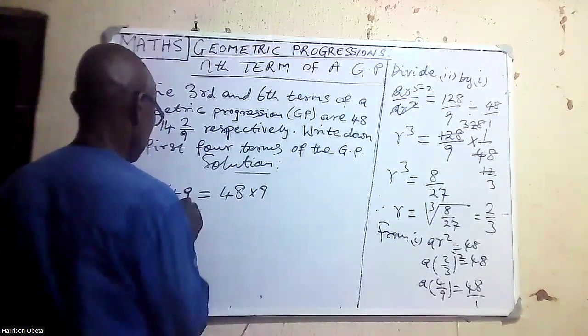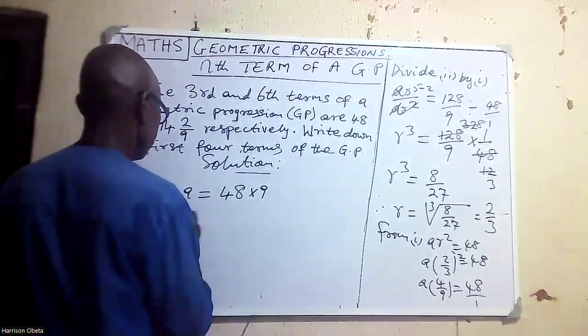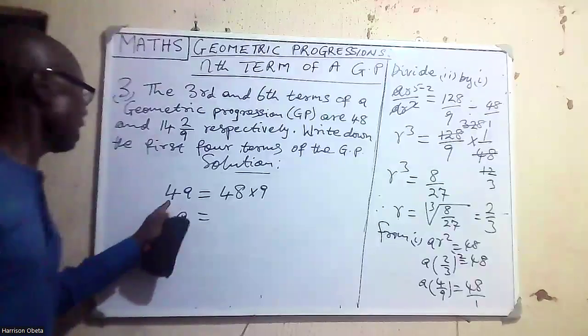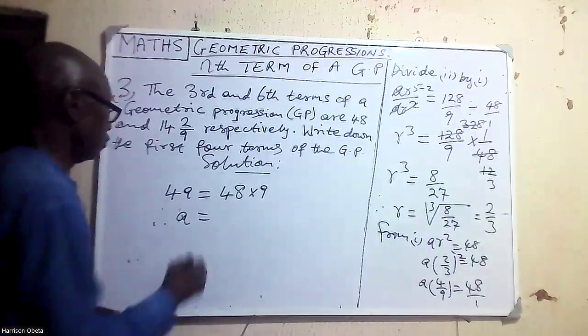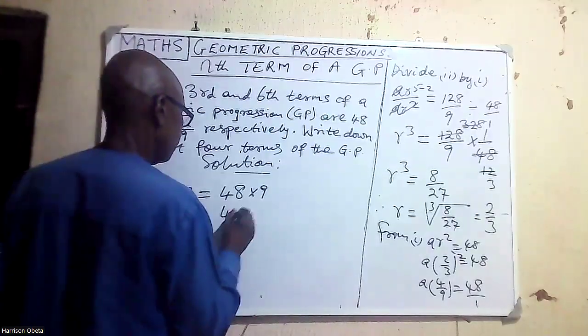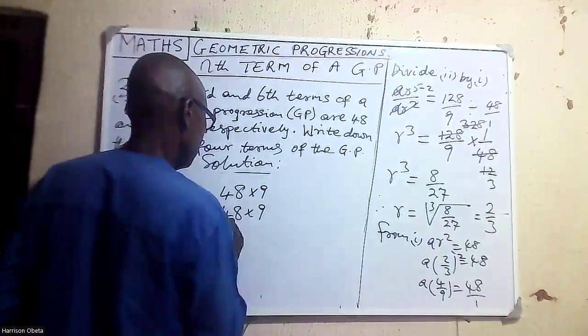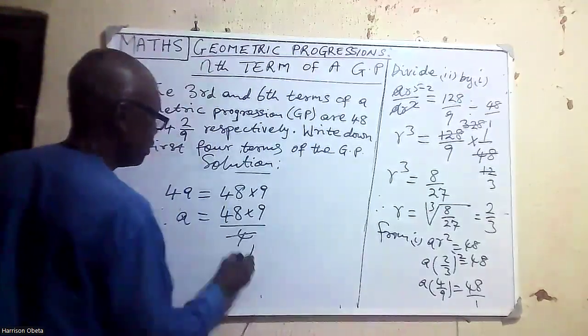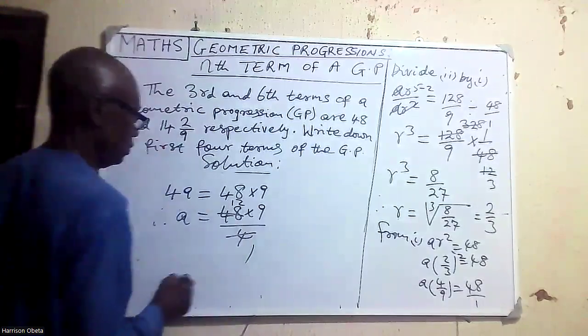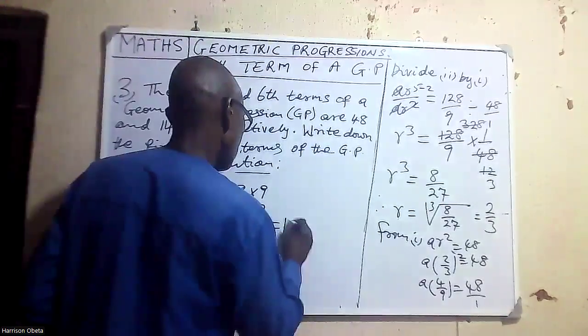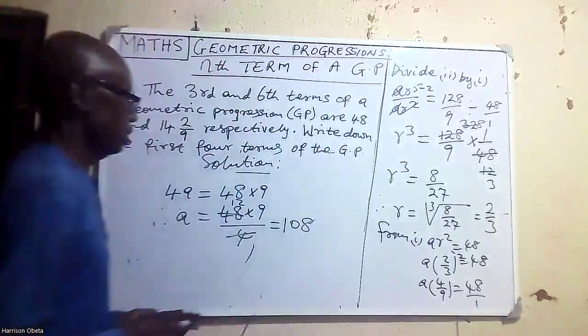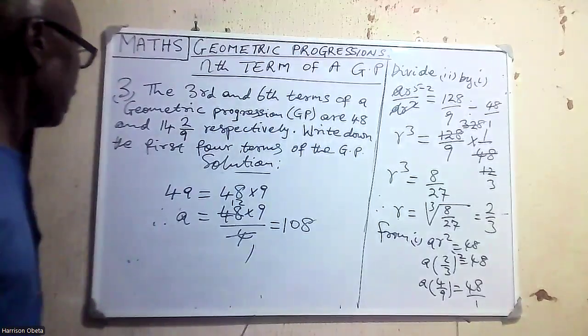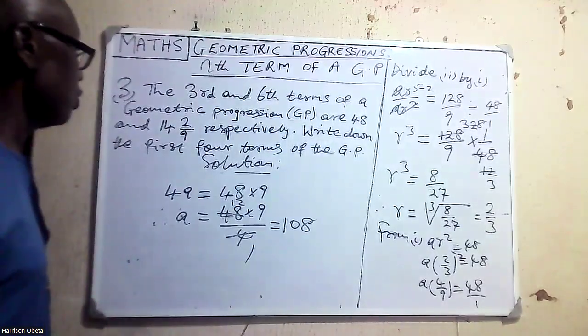Therefore, A is equal to, dividing both sides by 4, 48 times 9 all over 4. That is 108. So our A is 108.